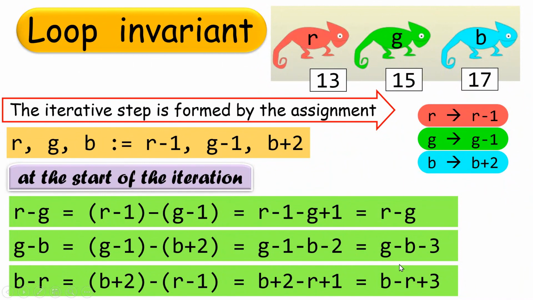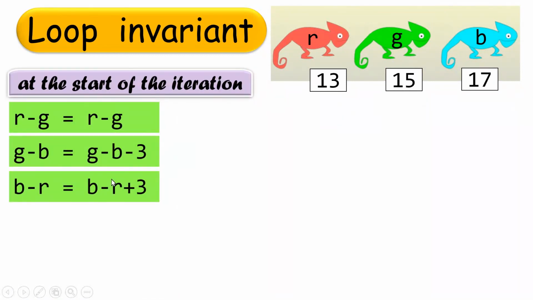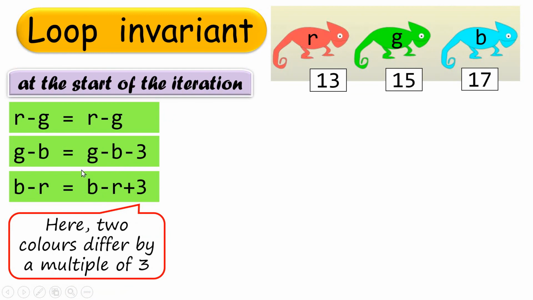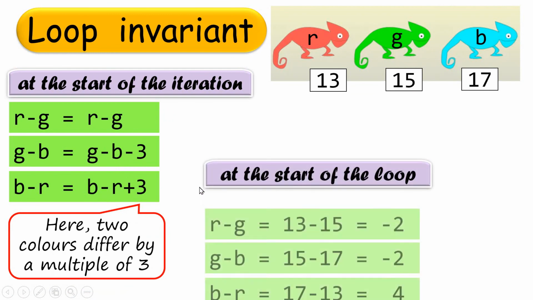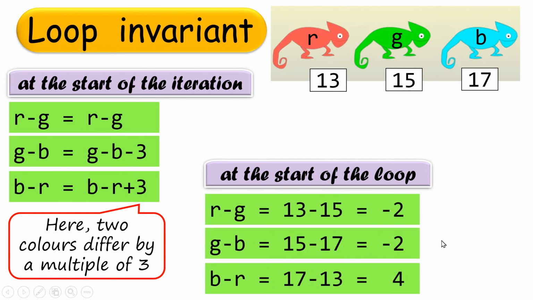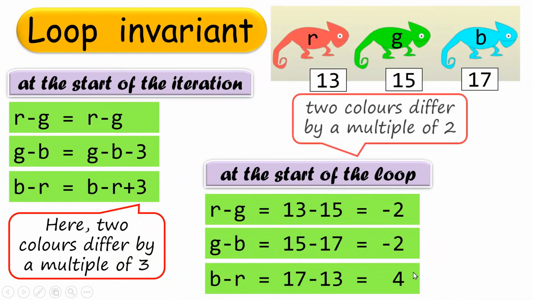So, at the start of the iteration, these are the values which we have for the differences between two colors. Here, two colors differ by a multiple of 3. But at the start of the loop, two colors differ by a multiple of 2.